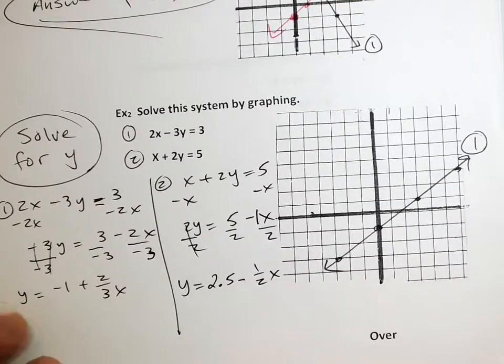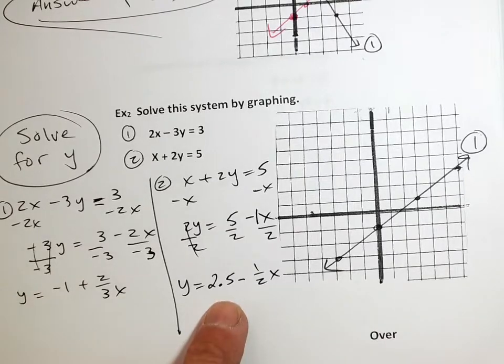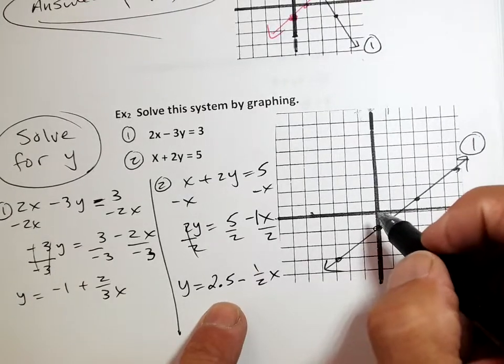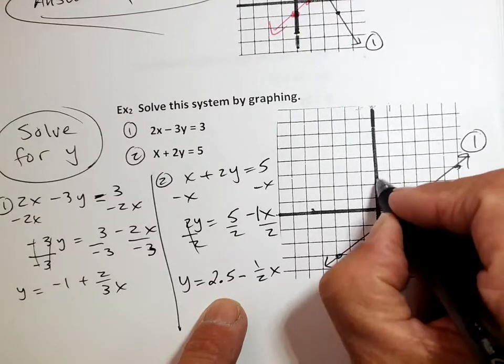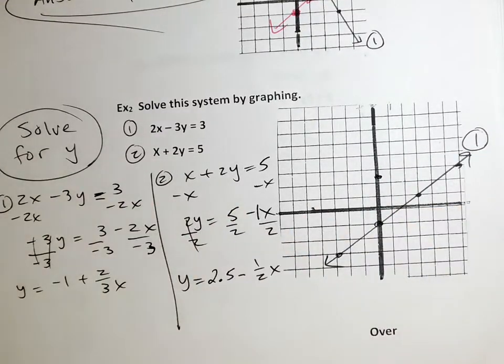Okay, I can graph that. Start at 2.5, which I just have to estimate. Now I go down 1 and over 2, down 1 and over 2. See how I'm going to do that? I'm kind of in between the squares to go down 1.